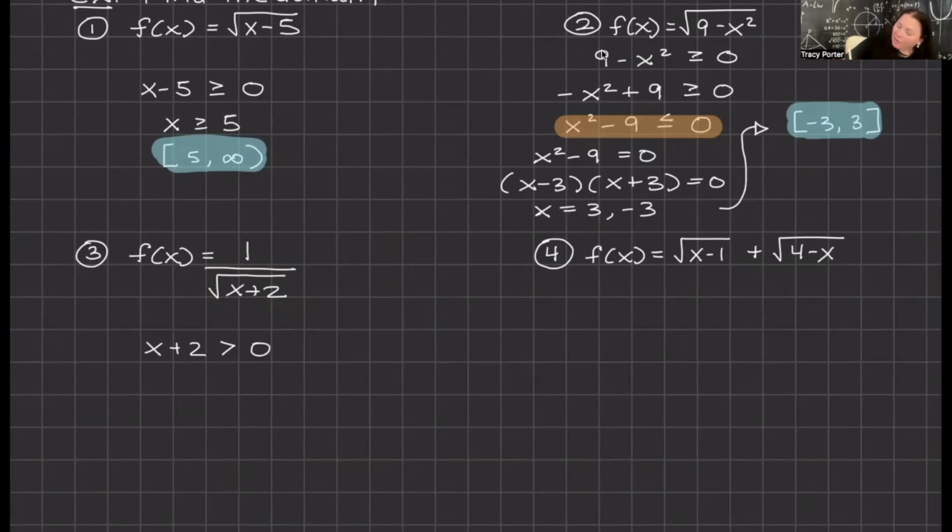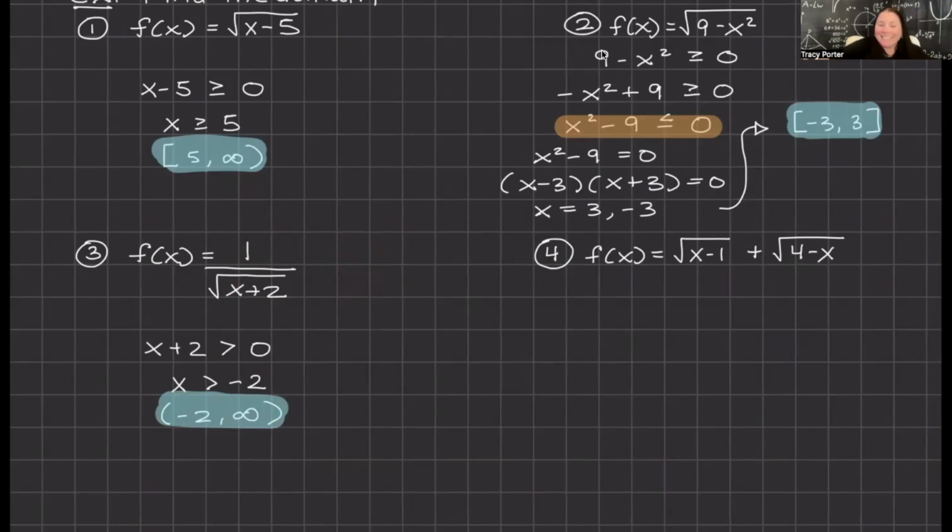This time x has to be greater than -2. Because if we put a -2 here, we're going to have the square root of 0, which normally is fine, but not if you have 1 over 0. That would be undefined. So this one's domain would be from -2 to infinity, and we would not include the -2.